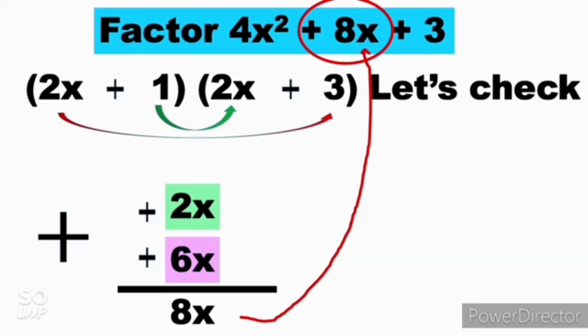Okay, pero pag iba yung nakuha sa result natin, pag pinag-add natin yung 2x at 6x, ibig sabihin, hindi factor yung dalawang binomial. So, ibig sabihin, magta-try tayo ng another factor. Okay, hanggang sa maging tama yung middle term na makuha natin.